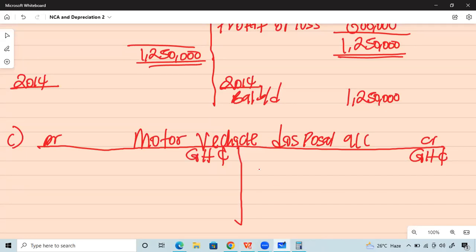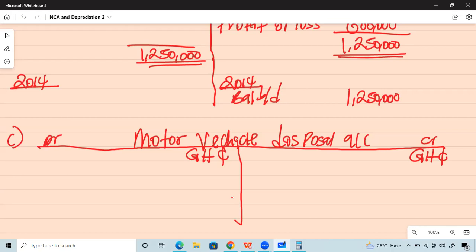So when you receive this particular amount of 100,000 naira, let's assume this transaction was carried out through the bank, your bank is increasing. So you debit your bank with that 100,000.